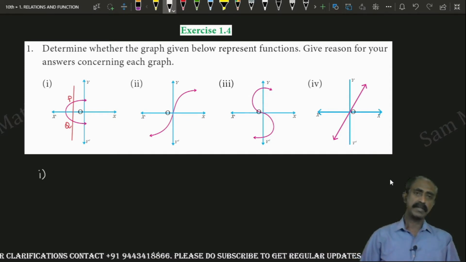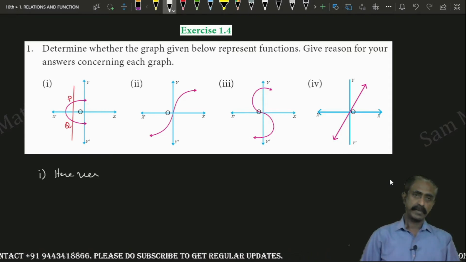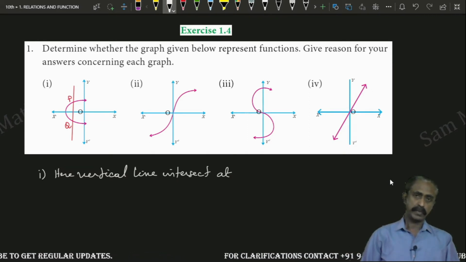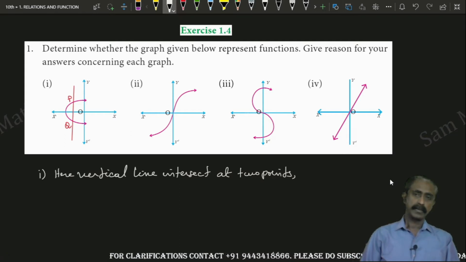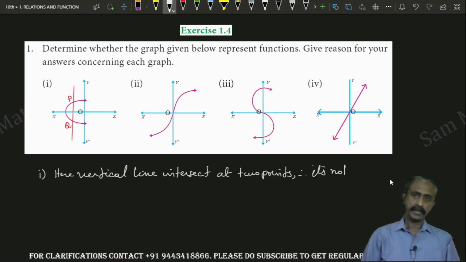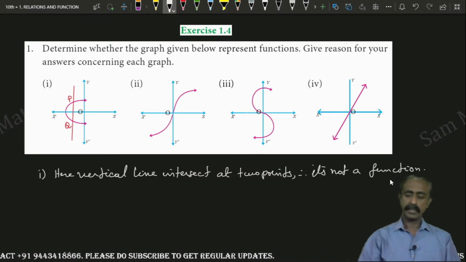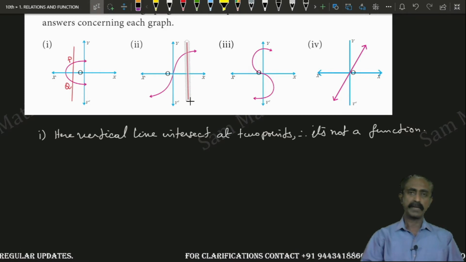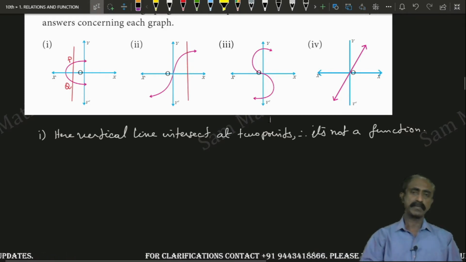Therefore, we can write here: vertical line intersects at 2 points. Therefore, it's not a function. Second one. Now we can draw the vertical line which intersects this graph at only 1 point.